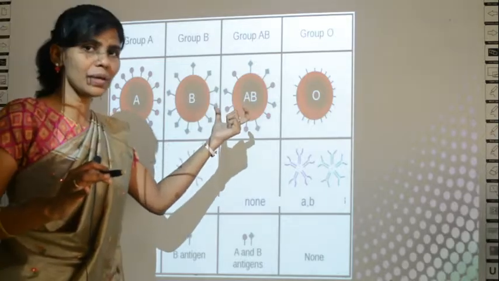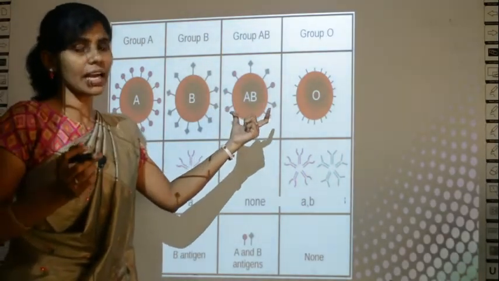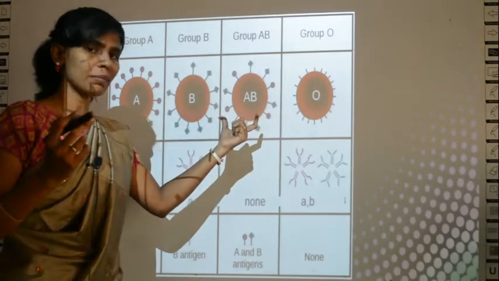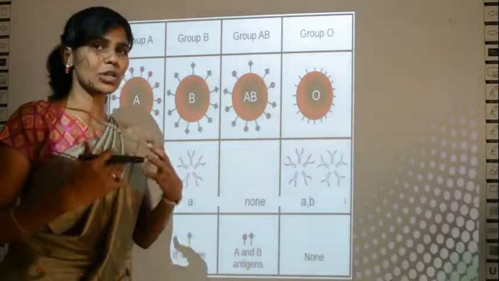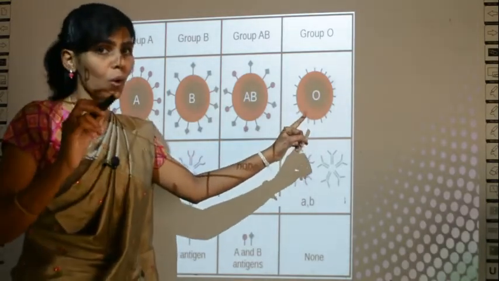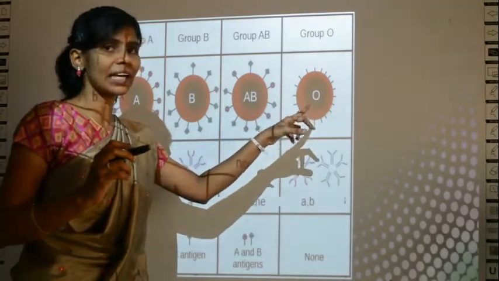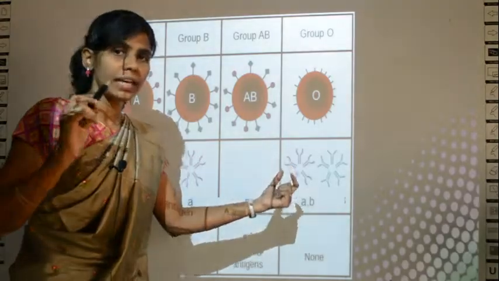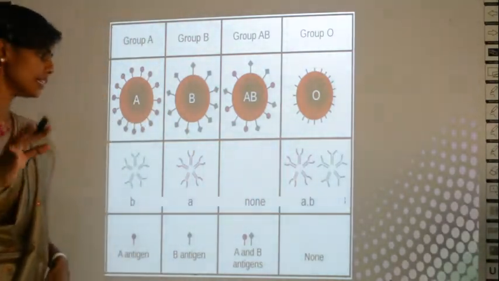What about AB? A person with A and B antigens on his RBC cells will not have antibodies at all in the plasma, and a person with O blood group will not have any antigen but will have A antibodies as well as B antibodies in the blood.